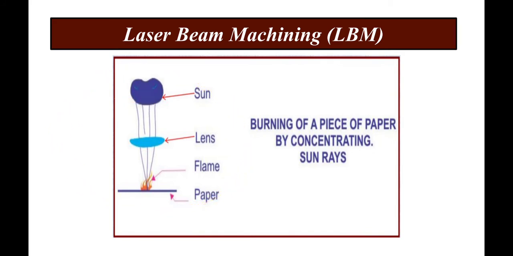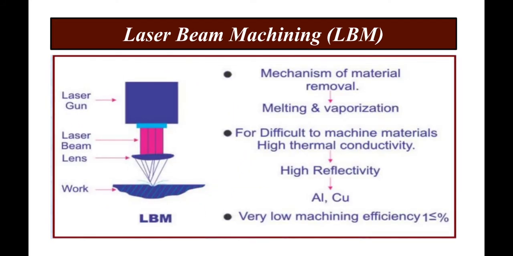If you see here, in laser beam machining, you are concentrating the laser light at a very small spot on the workpiece to be machined, or to be given a particular shape and size.